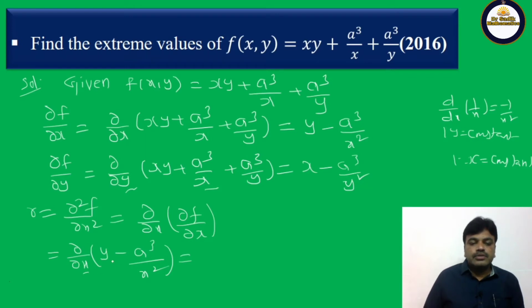With respect to x, y is constant, so the value is 0. Then d/dx of x^(-2) is -2x^(-3), so we get minus 2. Minus and minus gives plus 2, we have a³ times x^(-3). Taking this into the denominator, we get x³. So finally the r value is 2a³/x³.